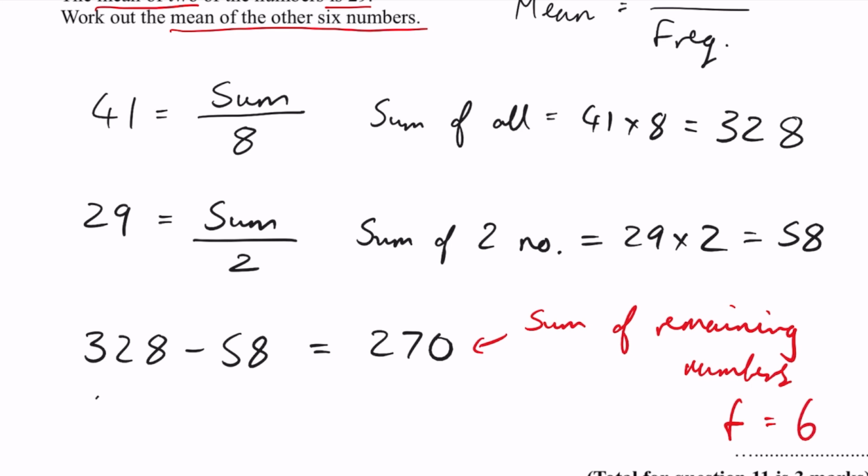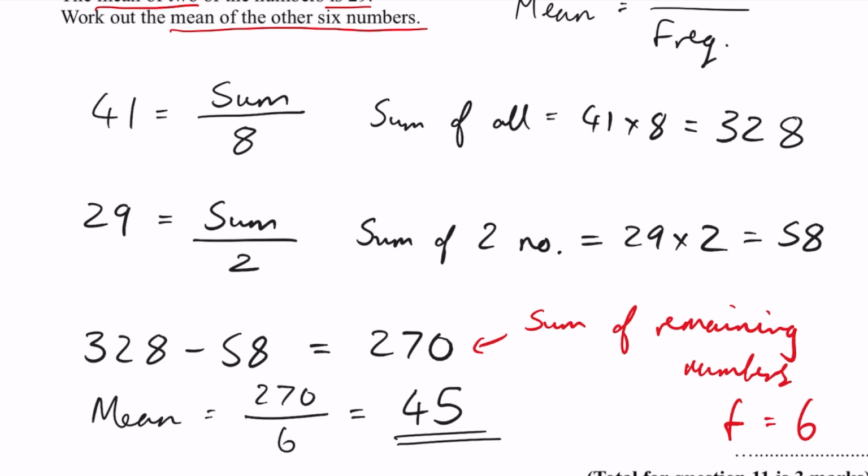Well, I know the sum of those 6 numbers now, and get this, I know the frequency. How cool is that? So the mean is just going to be 270 divided by 6, which is 45. So there you have it, that's the answer. You have done the super challenging question, and you live to do maths another day.